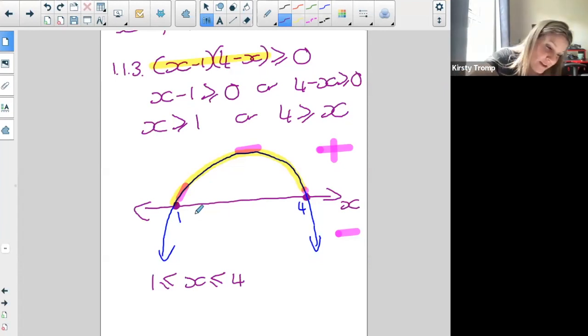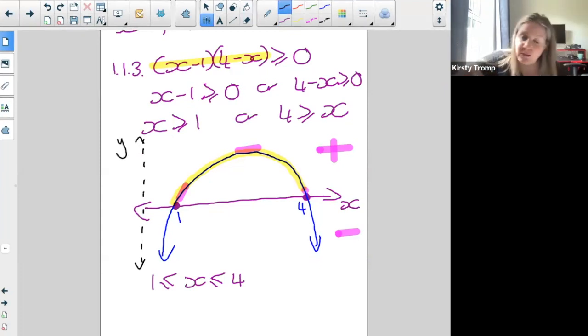What I'm going to do here is draw the y-axis in for you. So this is where the y-axis would be. This whole graph is f of x, which is the same thing as saying y.